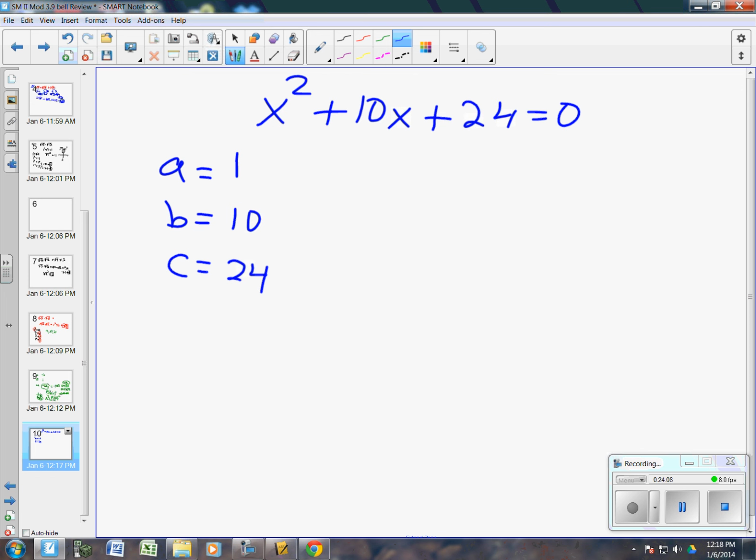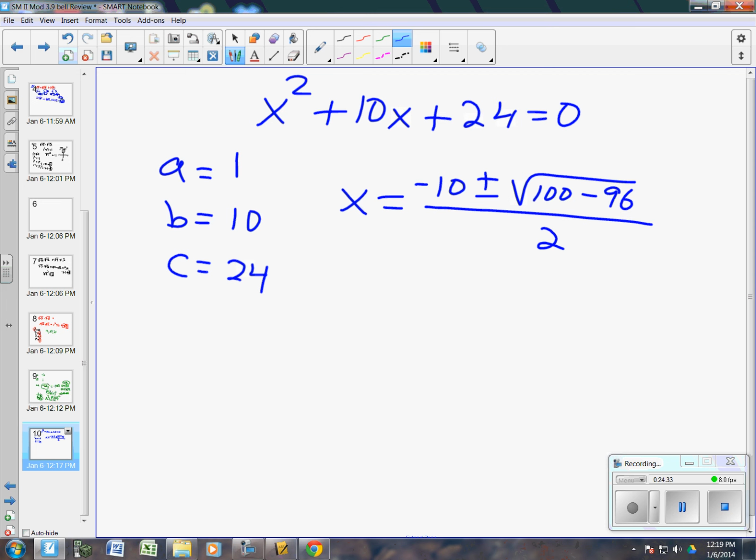Now, so far, when we've done these problems using the quadratic formula, we get a nice number inside of here. B squared would be 100 minus 4 times 1 times 24, which is 96. And 2 times 1 is 2. What's 100 minus 96?